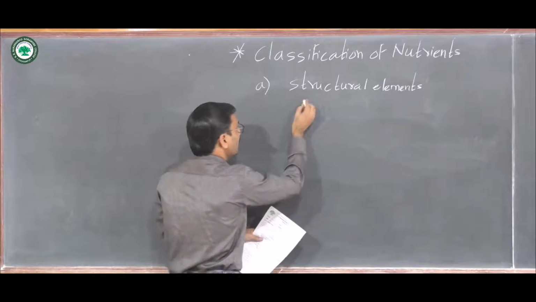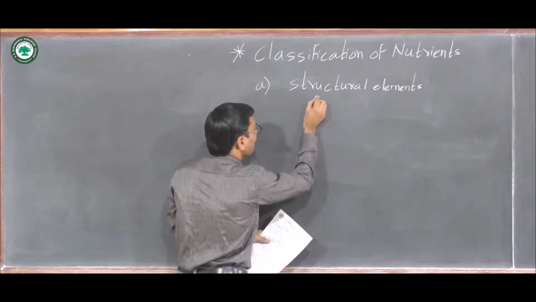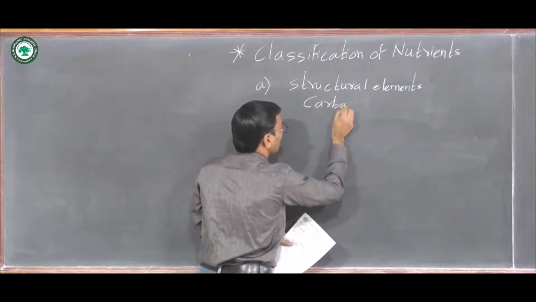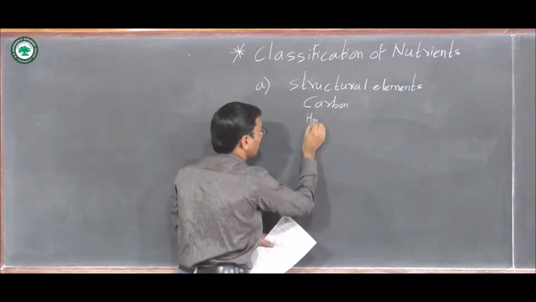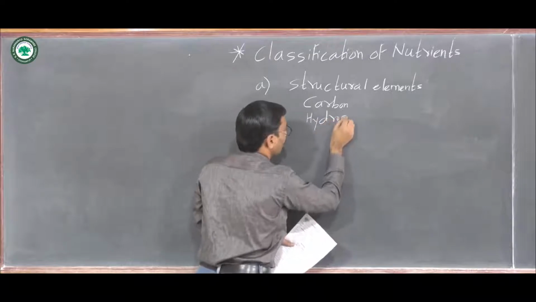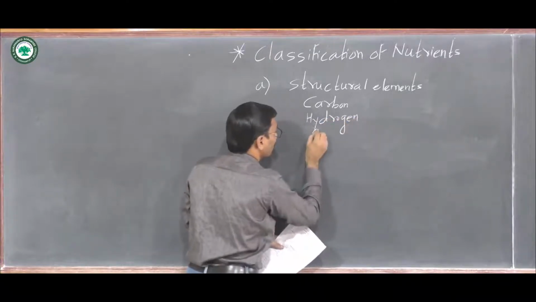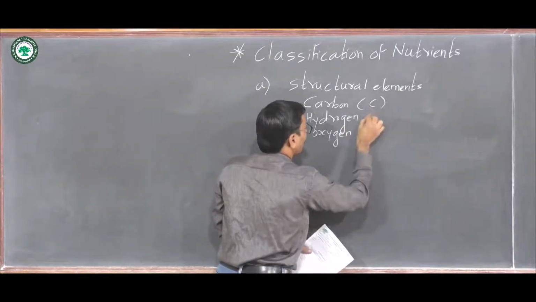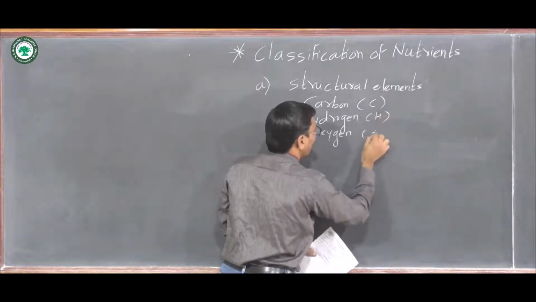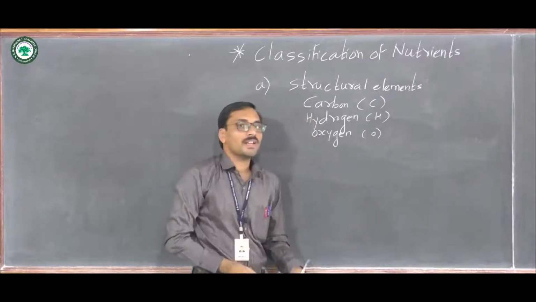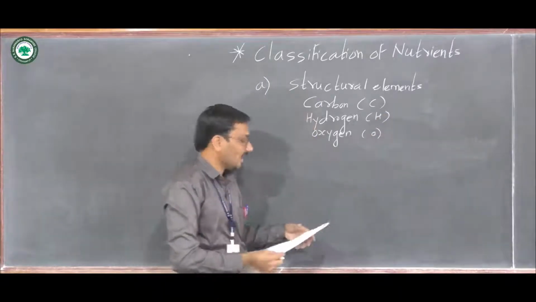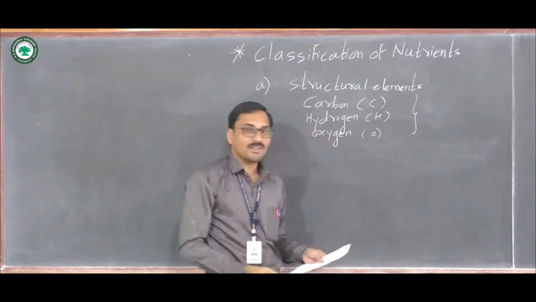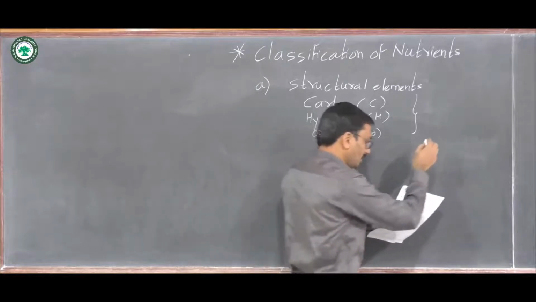In structural elements there are 3 major elements, that is carbon, hydrogen and oxygen. These 3 elements form structural elements, and these 3 elements are absorbed in the form of different ions by the plant.